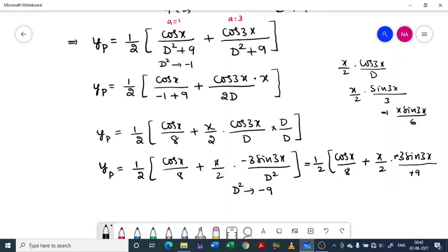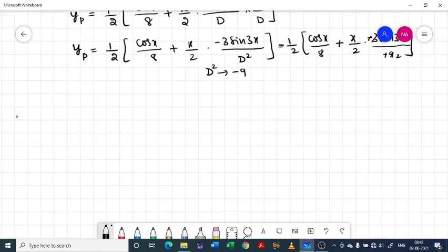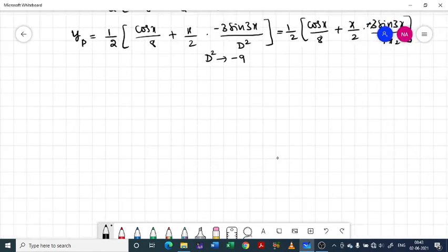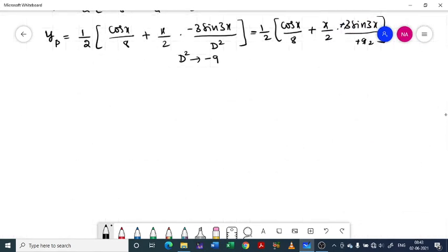Minus minus get cancelled. So you get yp equal to 1 by 2 times of cos x by 8 plus x sin 3x divided by 6. That's what I had to get.